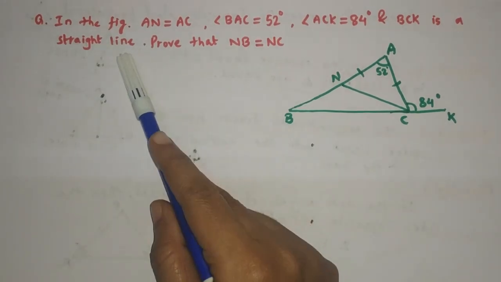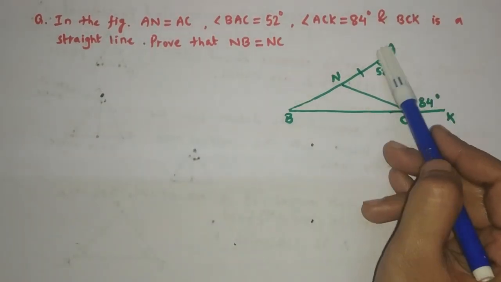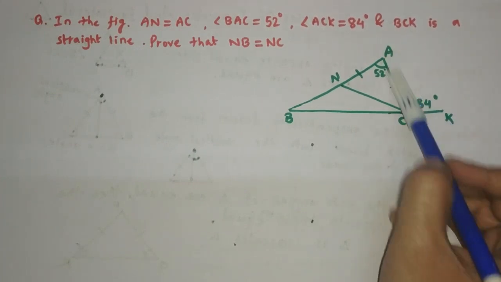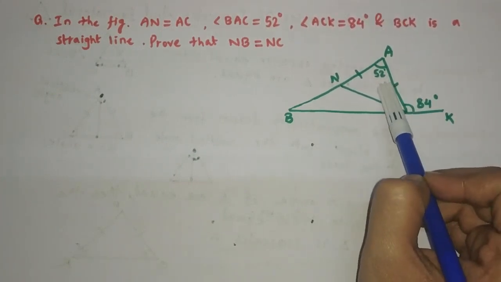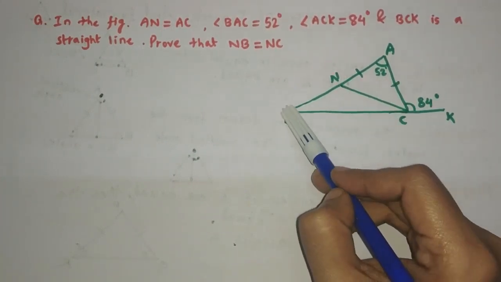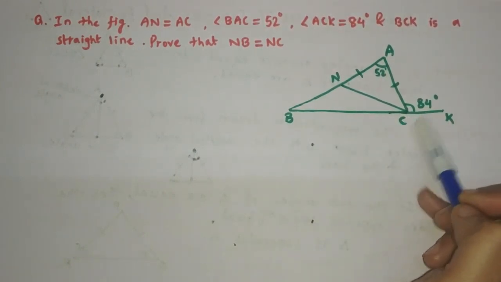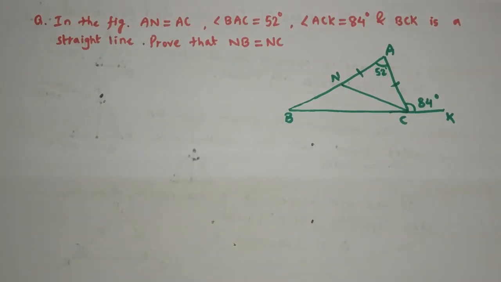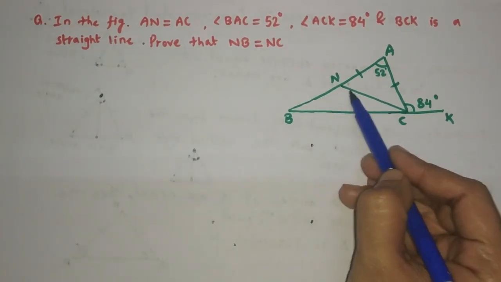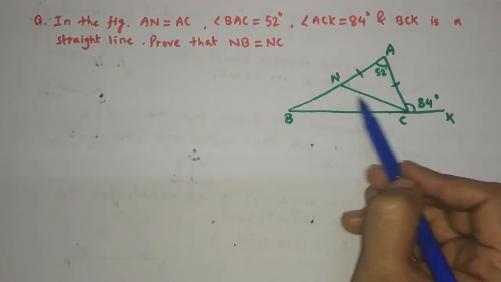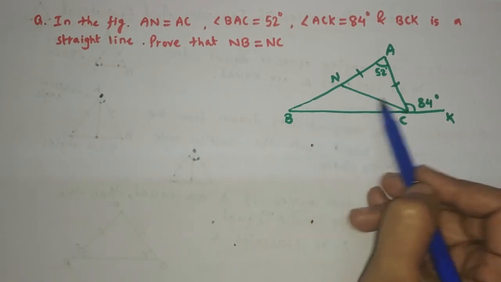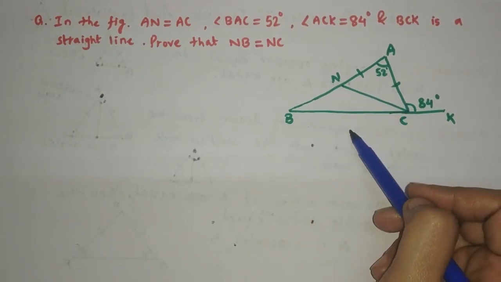Now friends, the next question is, in the given figure, side AN is equal to side AC. This triangle is an isosceles triangle, and angle BAC is 52 degrees, and the exterior angle ACK is 84 degrees. So we have to prove that side NB is equal to side NC. So again, to prove these two sides equal, we need to show that this angle and this angle are equal.